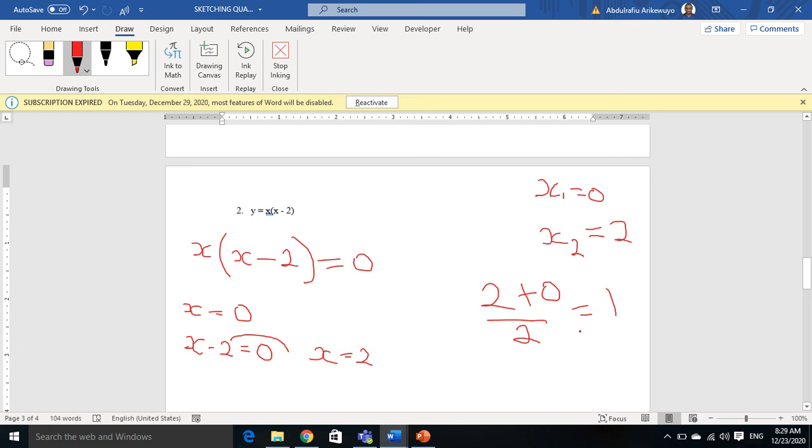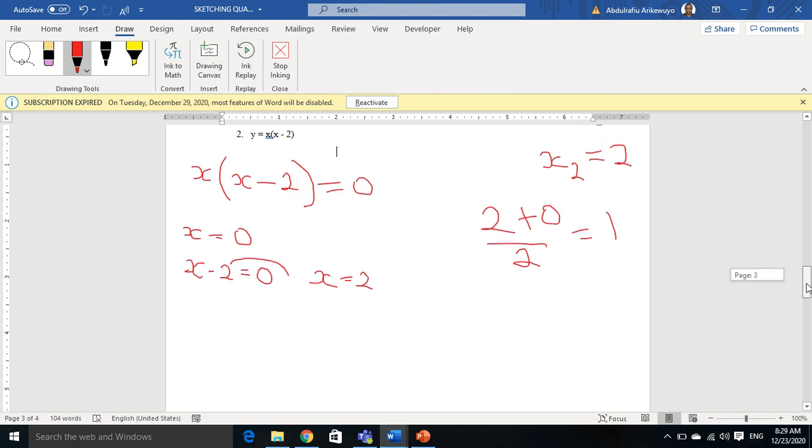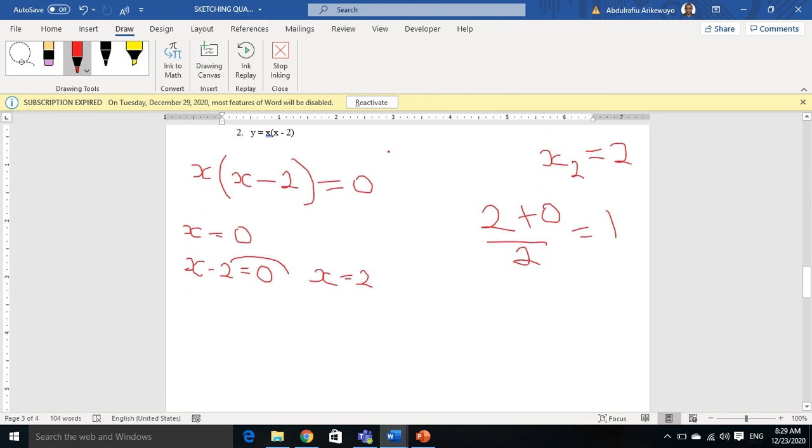Now for this one, we'll take 1 back into the equation. Remember I told you, if you are looking for the vertex, you need the value for x and y. This is for x. So we take this answer back into this equation to get y.